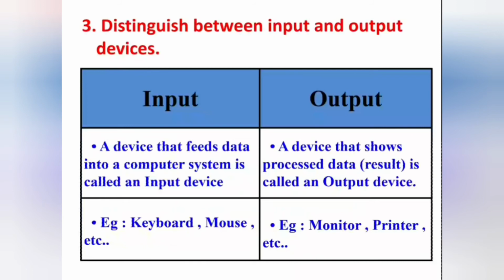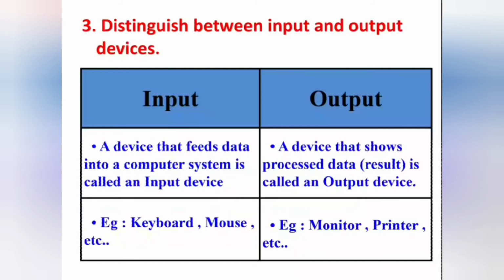We can press the 5 key on the keyboard. So, when we are giving instructions to the computer, we can give those instructions only through some devices. That device is called the input device. Okay, could you understand, children?